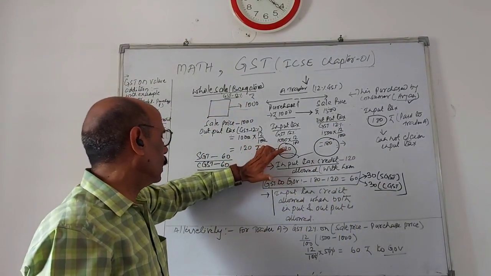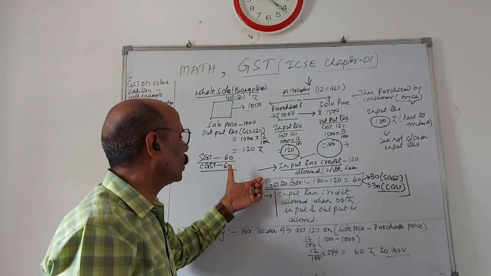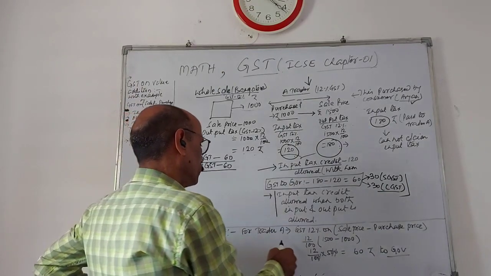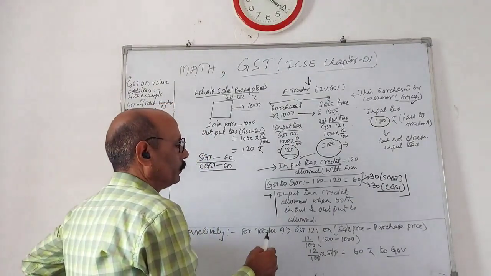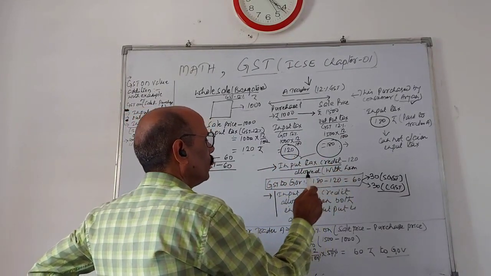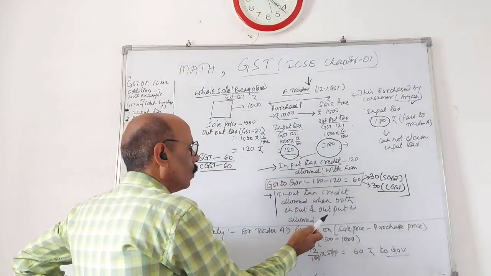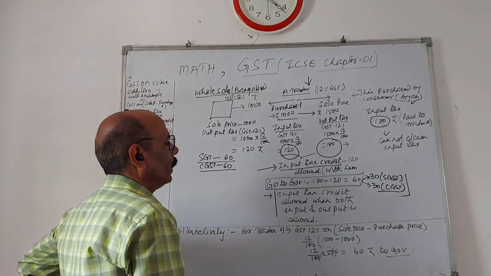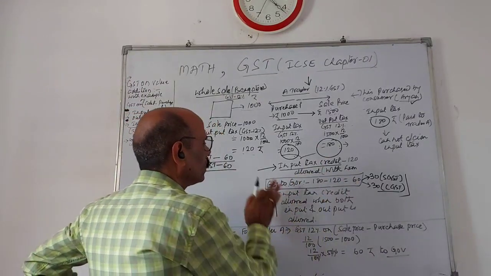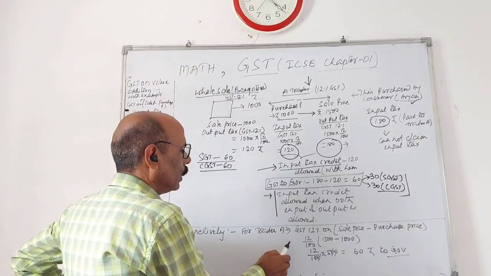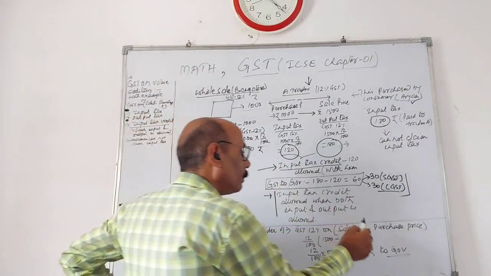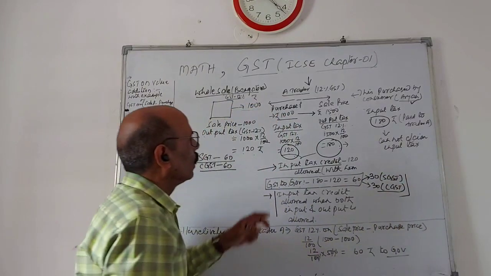The same thing can alternately be calculated. In this case, the final GST amount to be paid to the government is the same as we calculated here, 60 rupees. We can do the same thing here: GST 12% on sell price minus purchase price.